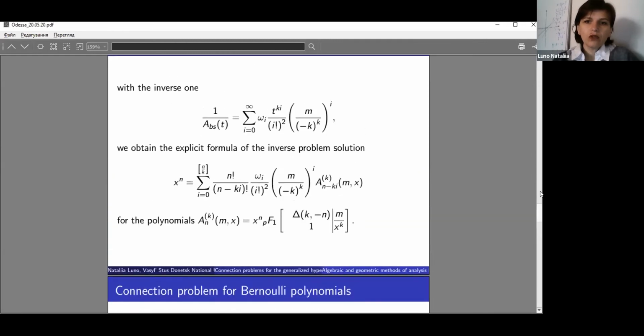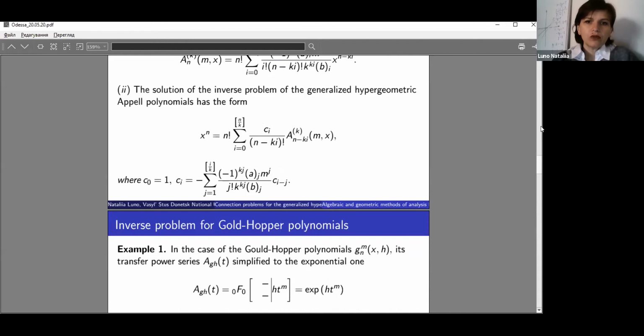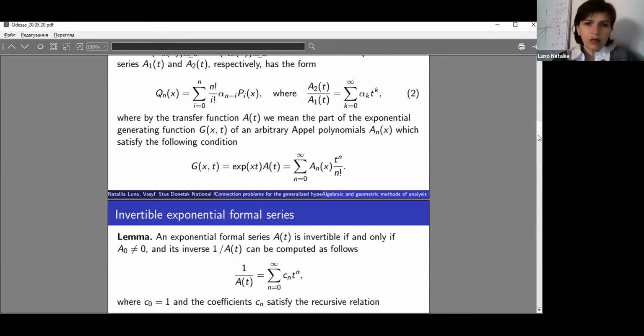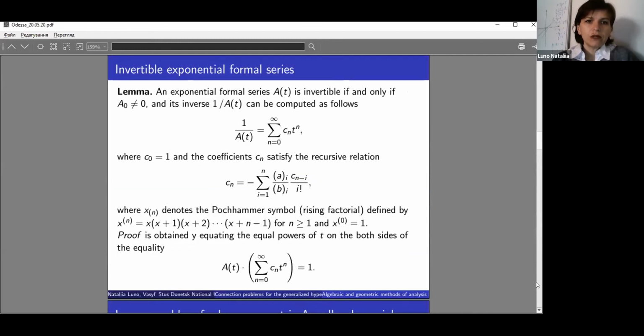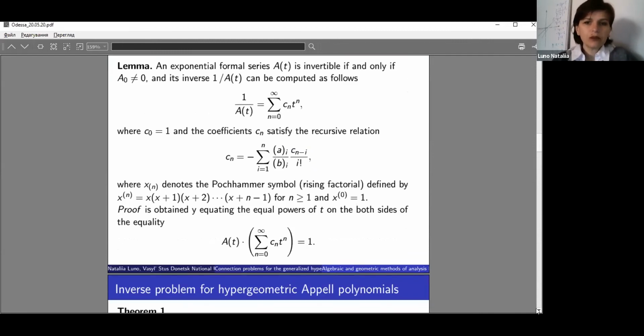To solve and to prove this lemma, which is without a number, we use the simple method of equating the equal powers of t.